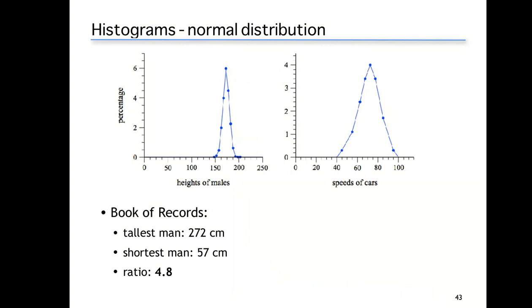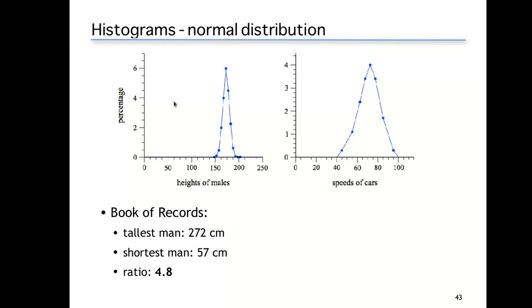Another discussion and visualization is about comparing normal distribution with power law distribution. The normal distribution, for example, appears in the heights of people or speed of cars.